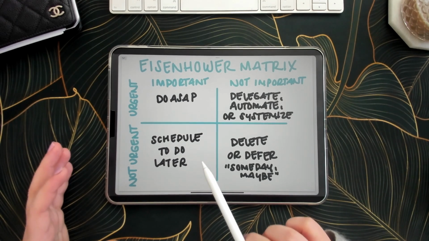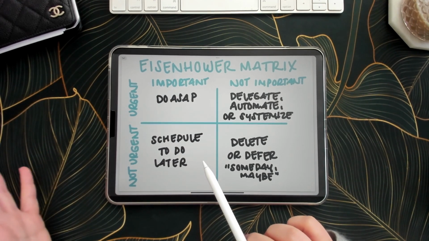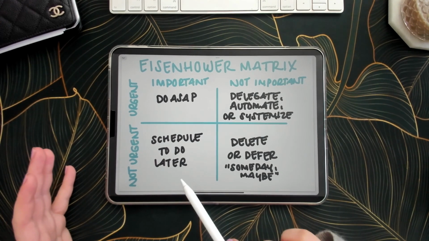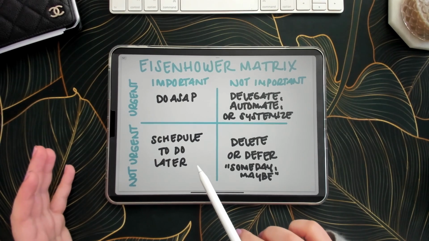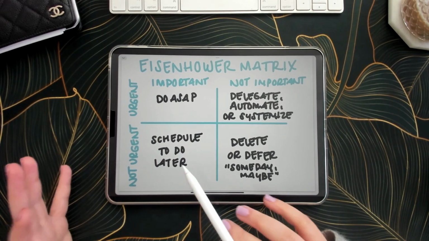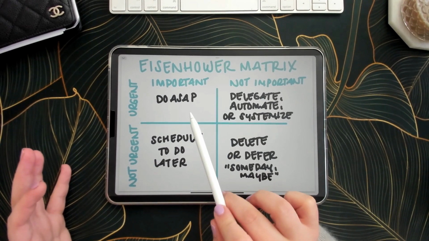And that's going to help you to know when you need to schedule them in for later on. Now, later on could be tomorrow, it could be next week, it could be next month, right? But we want to actually assign these tasks and put them into our calendar somewhere that's not today or the immediate future, which is going to be taken up by these urgent and important tasks.